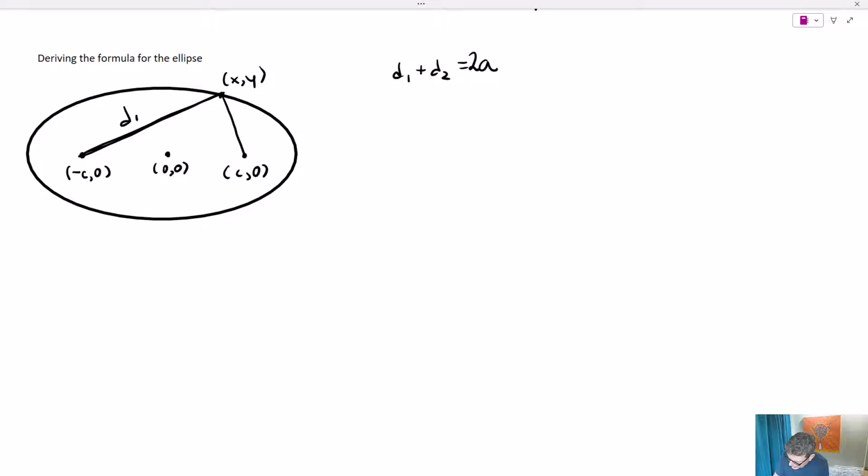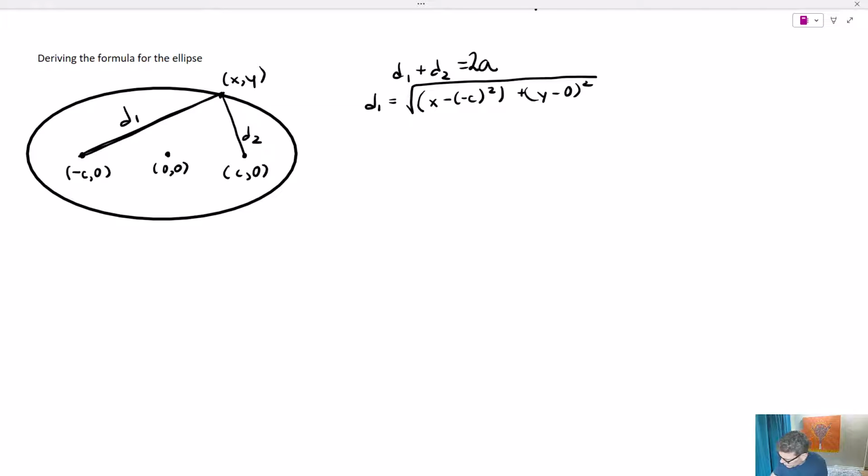Now, we'll call this one distance 1, and we'll call this one distance 2. Distance 1 is going to end up equaling, using the distance formula, the square root of x minus negative c squared plus y minus 0 squared.